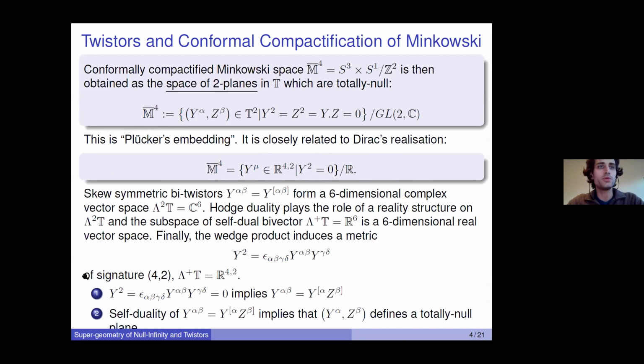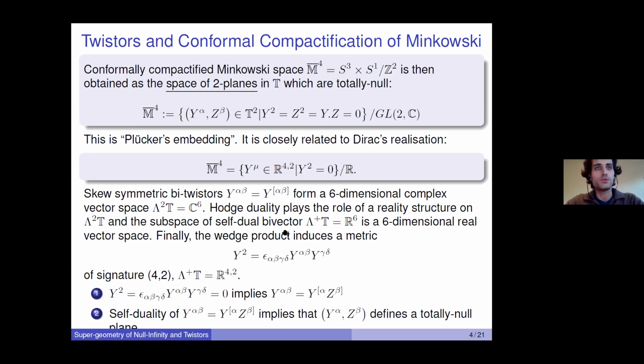The two pictures relate to each other because a point in this R6 is going to be a bitwistor, a skew-symmetric twistor. In four dimensions, bitwistors, or two-forms, are six-dimensional, but six-dimensional complex. However, you have a notion of duality on two-forms in four dimensions, and it's going to play the role of a reality structure.